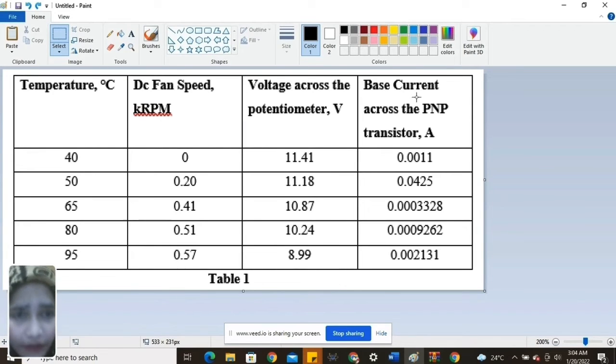But the base current across the PNP transistor is a little bit unstable, where sometimes the current is high and sometimes low, which may be due to errors that always occur in simulations. In addition, the PNP transistor only needs a small base current for the DC fan to rotate.